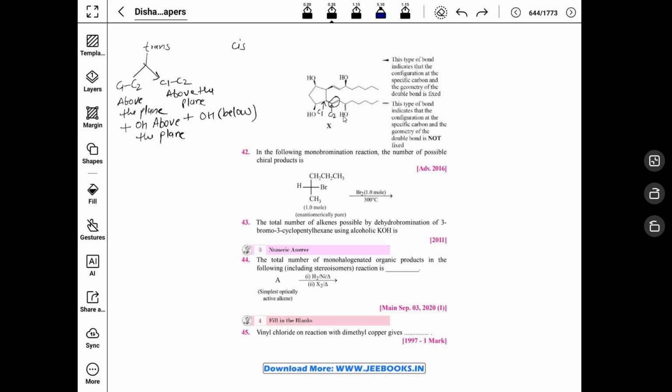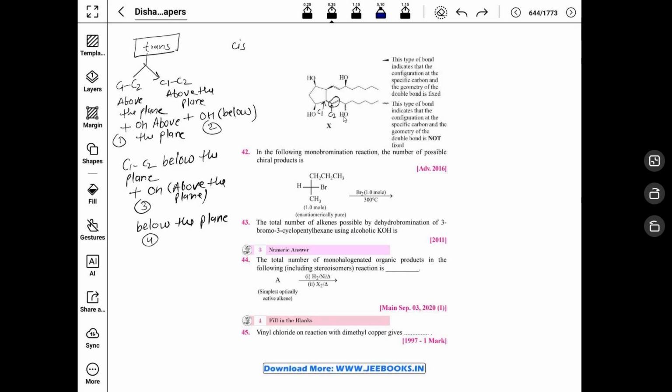Now in these cases we took C1 and C2 above the plane. Now let's take below the plane. So C1 and C2 below the plane, this bond is below the plane. Then there are two possibilities: OH above the plane and below the plane. So how many possibilities are there? One is this, second this, third is this, and fourth is this one. So with the trans geometry we can say that 4 stereoisomers are possible.